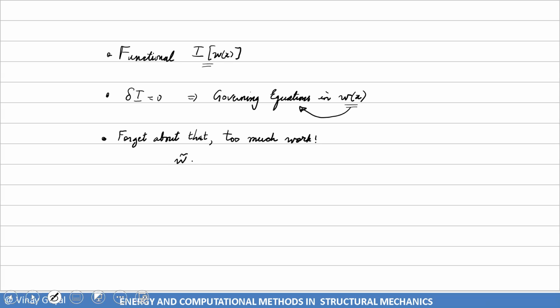Approximate W instead. Come up with W tilde. And that W tilde has phi naught, and these are the only unknowns now. This phi naught only satisfies the inhomogeneous form of the essential boundary conditions.